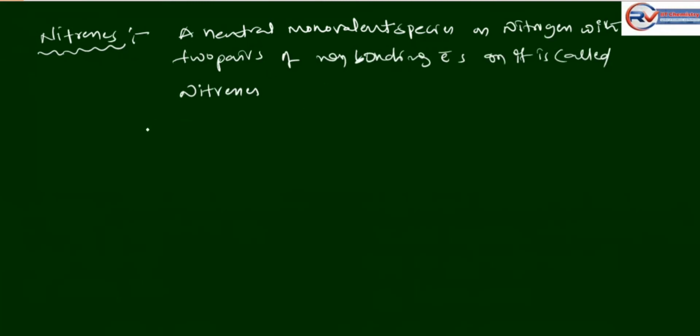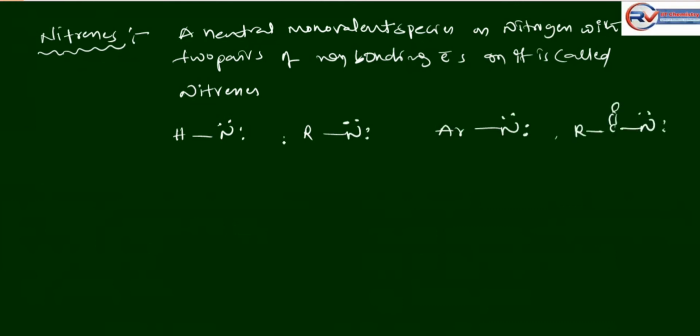Let's see an example: nitrogen with two pairs of non-bonding electrons, a neutral species. This is a nitrene. It contains 6 electrons in the outermost shell.